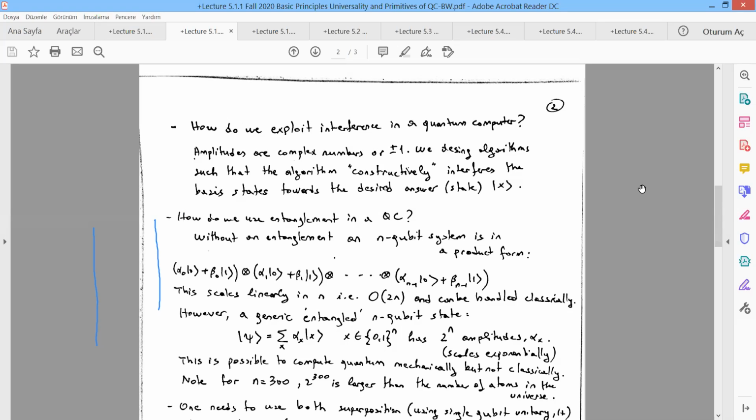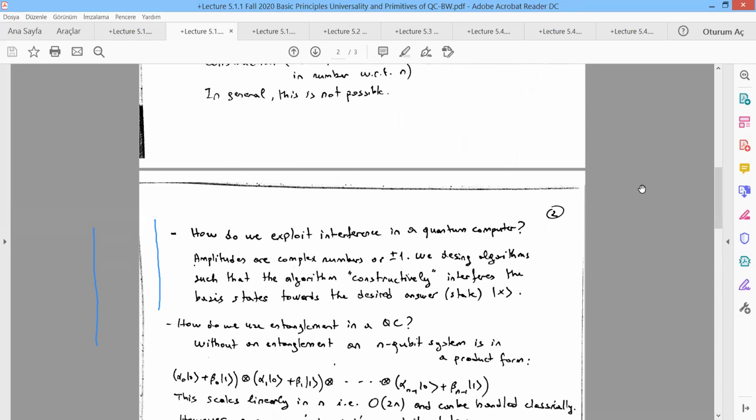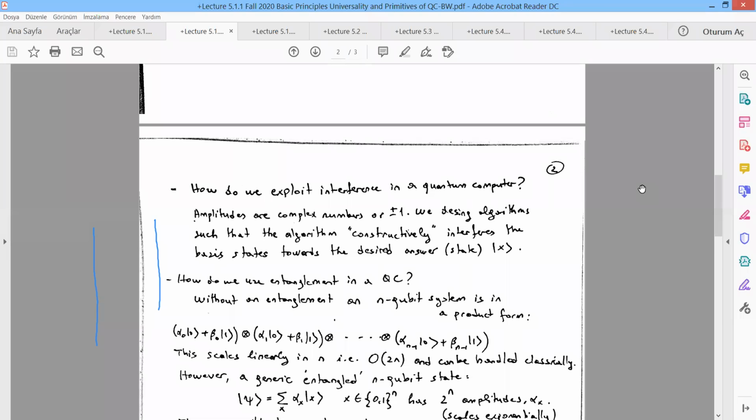as we know, the amplitudes of a quantum system. These alpha sub x that we have seen in a typical quantum system are complex numbers in general, or in many of the algorithms we are going to see that they are plus or minus 1.